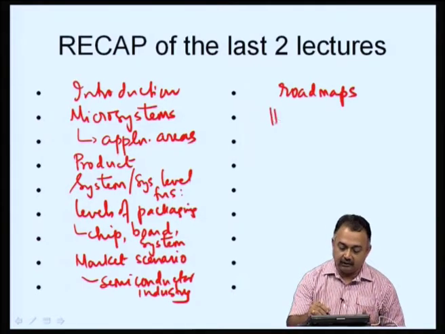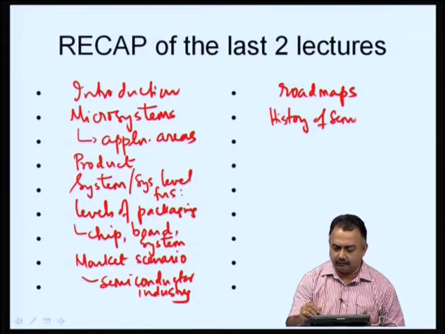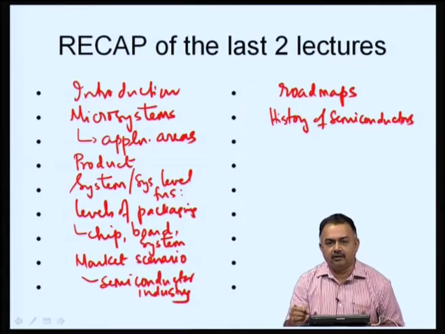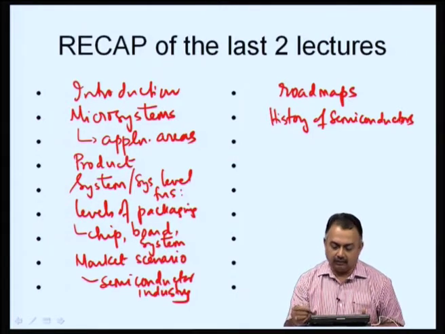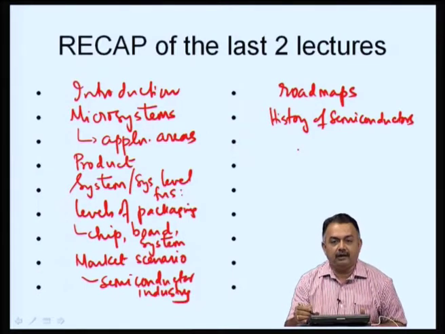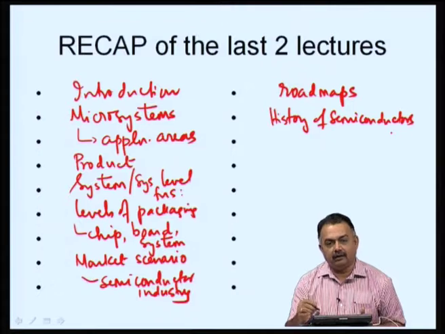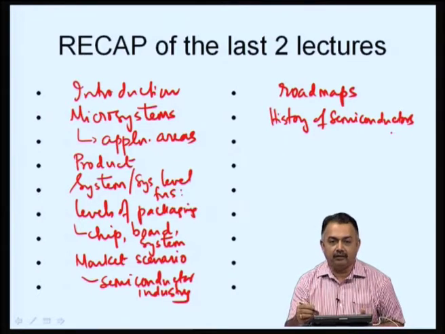Then we have seen the history of semiconductors. We have seen various processes over the last few decades, and then we have seen the impact of materials and processes and the direct impact on the evolution of systems.